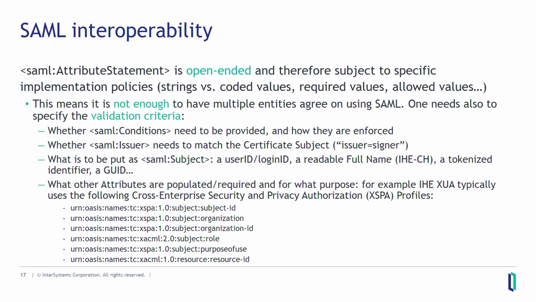That's what you're going to find in the roles. The purpose of use, typically we see there the different cases where the same user is accessing data, for example, emergency versus normal access. And the resource ID, finally, is usually where you put the patient. So this is the patient that is being accessed for this specific security context.